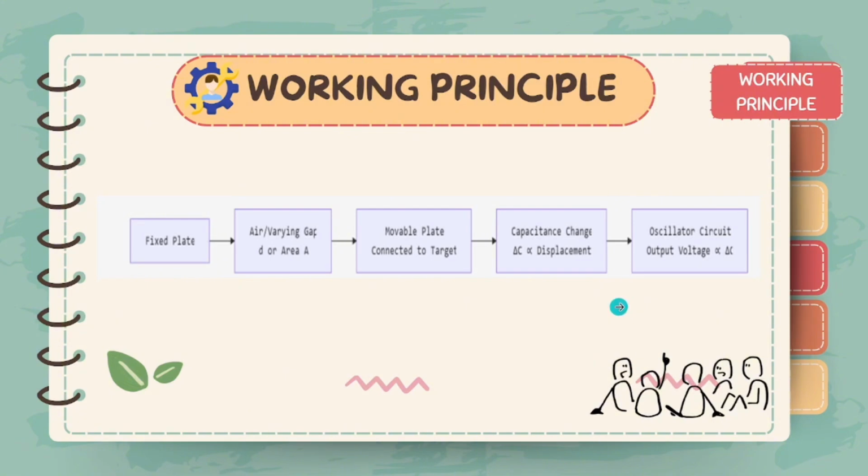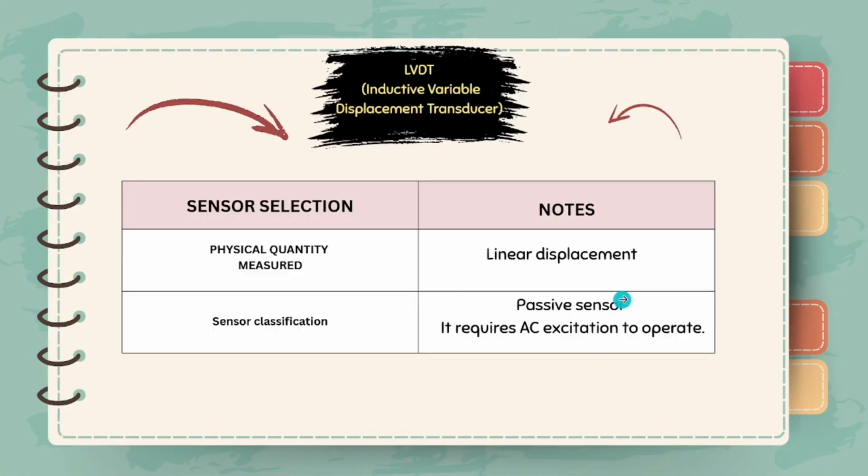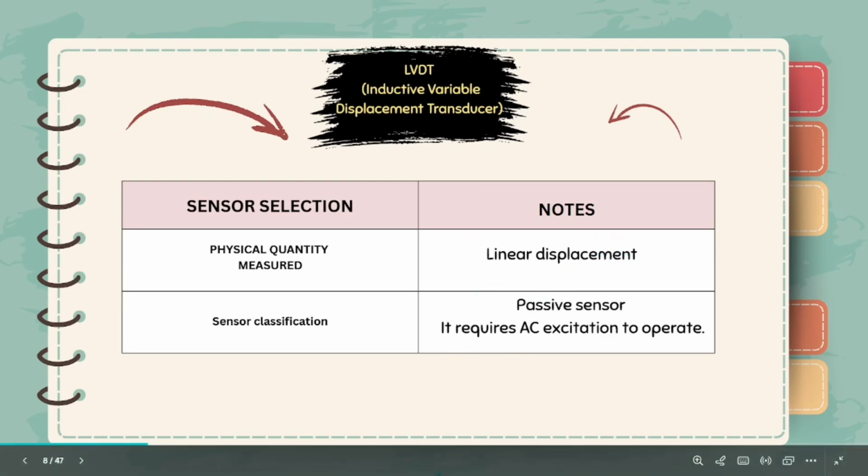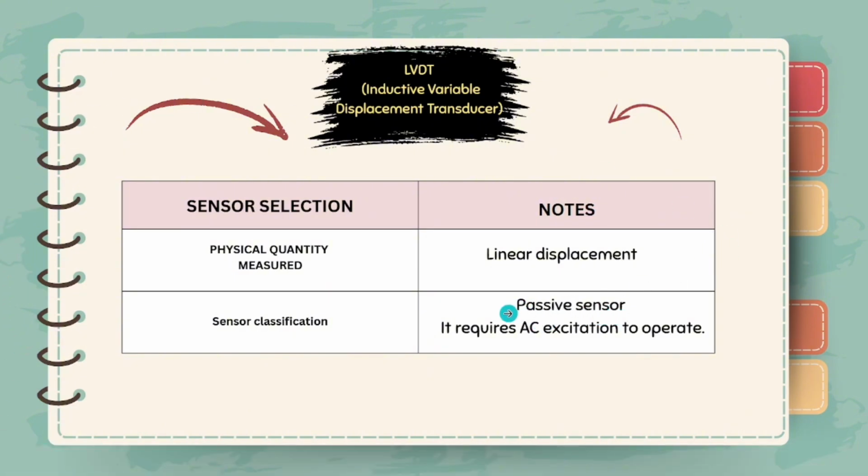The next part is the LVDT, linear variable differential transformer sensor. This is a linear displacement sensor because it measures straight line movement, which explains how far an object moves in one direction. When you see the sensor classification, sorry, it's actually an active sensor, not passive.